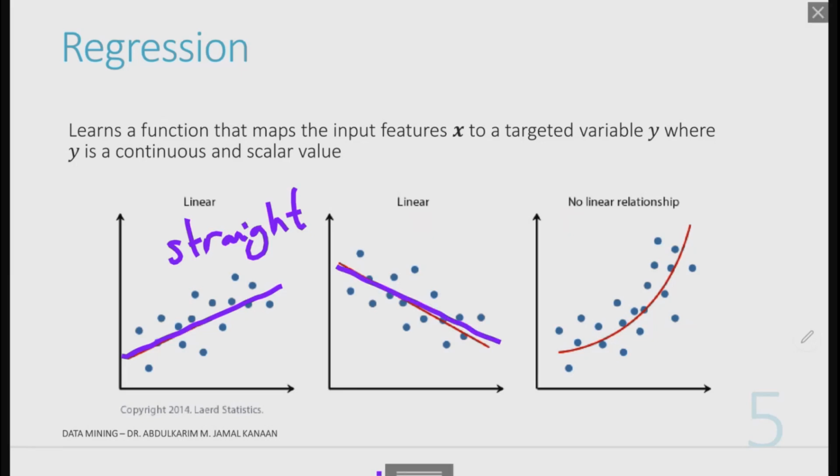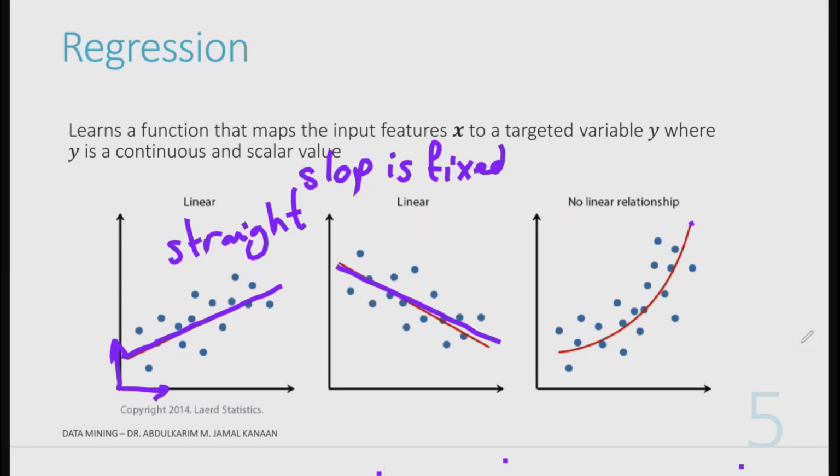What does it mean in layman's language? Meaning the proportion of the amount of change on x versus y is the same. The slope, in other words, is the same. The slope is fixed. It doesn't change.